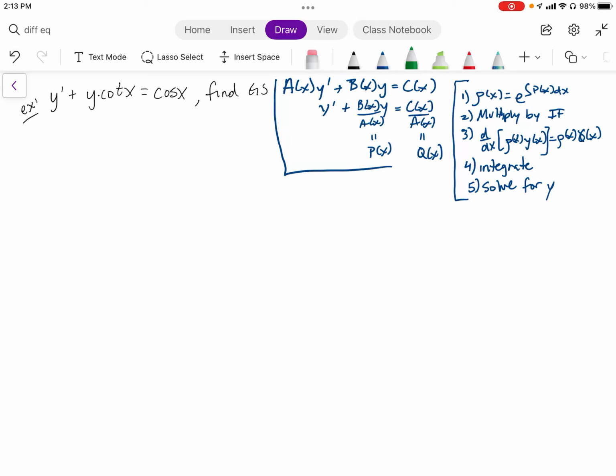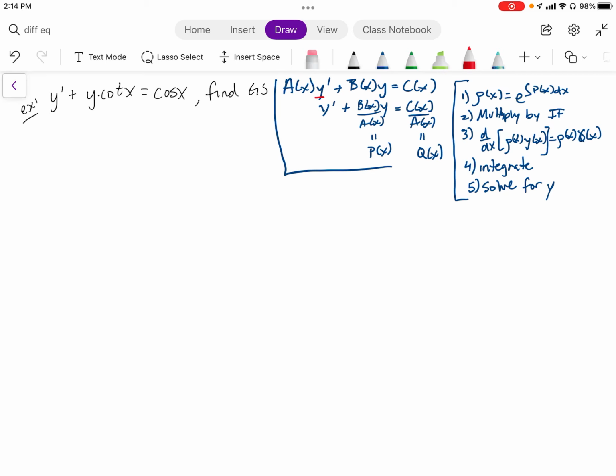Okay, we are going to look at an example of a first order linear differential equation. So first off, what does that mean? Any differential equation, which means it has a derivative somewhere in there, y prime.